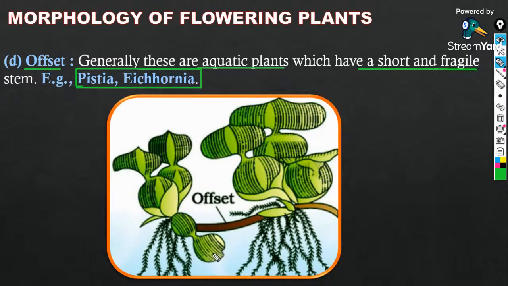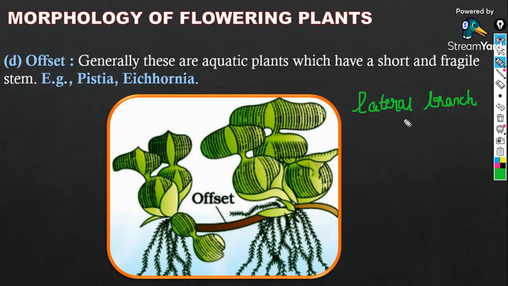Guys, here there is a lateral branch. Please do take it down, everybody. The offset: you have a lateral branch with short internode. And the node, what is the speciality of the nodes in this plant?